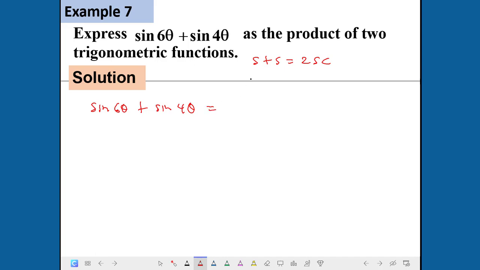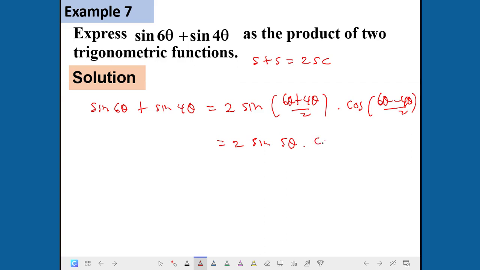So it is equal to 2 sin((6θ+4θ)/2) times cos((6θ-4θ)/2), which is equal to 2 sin 5θ cos θ. Okay, so this one is the answer.